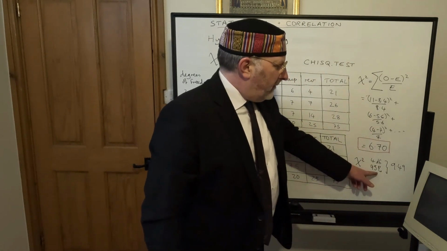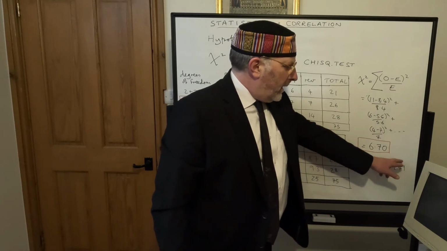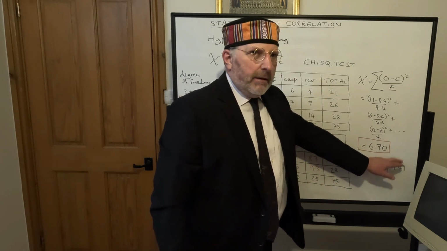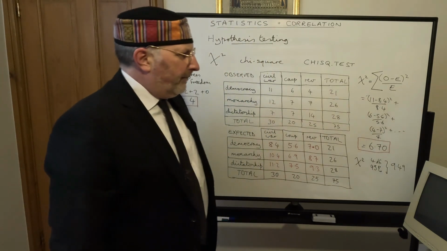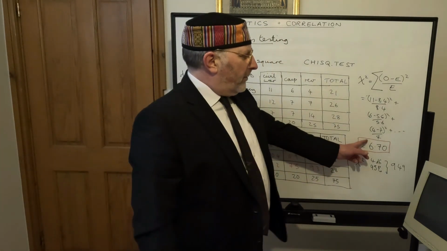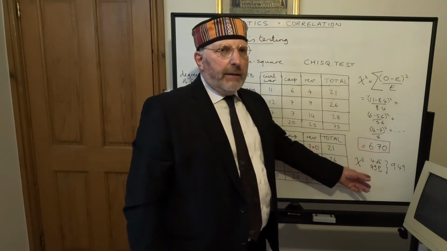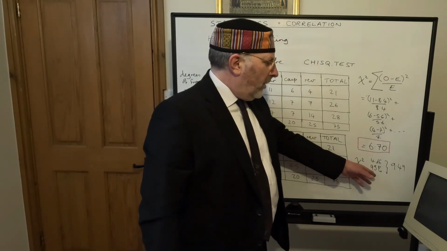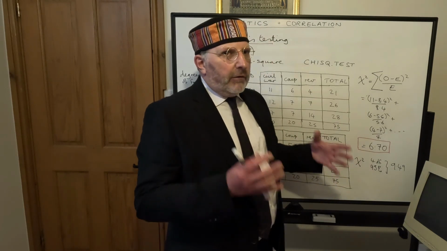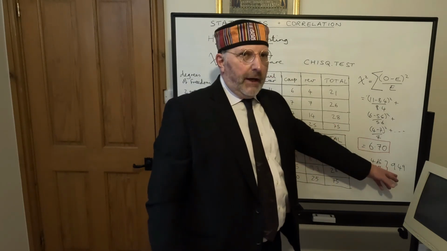Only in 5% of cases would the chi-squared statistic be more than 9.49. Well, in our case, it's only 6.7, which is less than 9.49, so it's within the 95%. It's certainly not in the 5% of cases where it's more than 9.49.